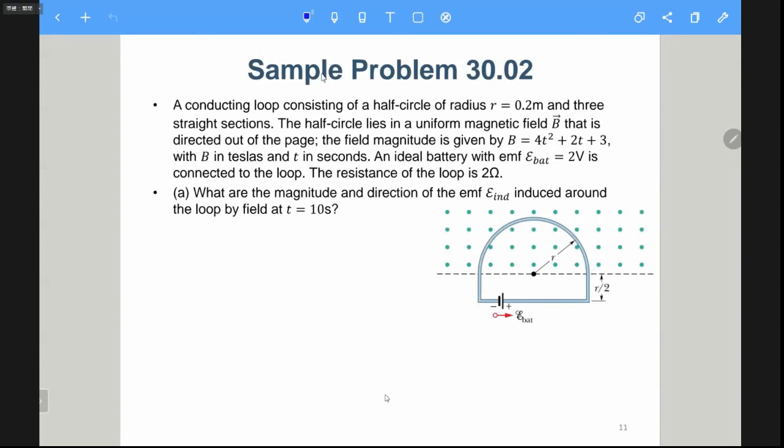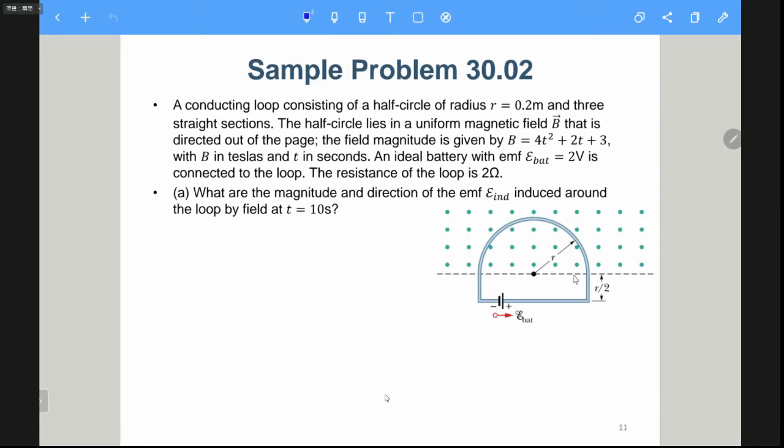And here is sample problem 30.02. It says a conducting loop consisting of a half circle of radius small r and 3 straight sections. The half circle lies in a uniform magnetic field.